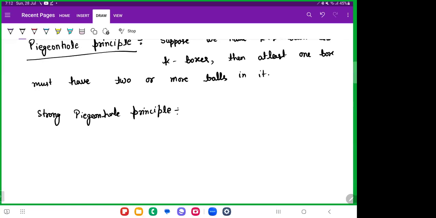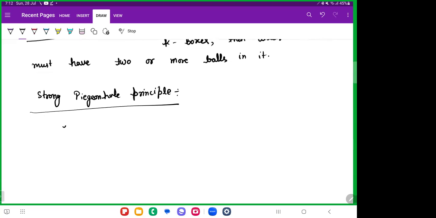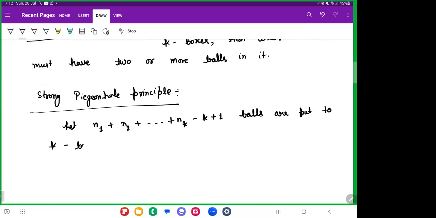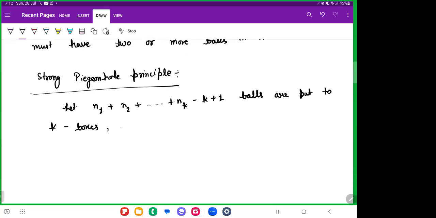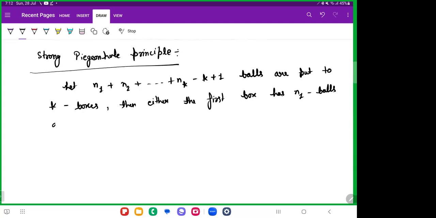This says that if n1, n2, up to nk are positive integers, and n1 plus n2 plus up to nk minus k plus 1 balls are put into k boxes, then either the first box has n1 balls, or the second box has n2 balls, or the kth box has nk balls.